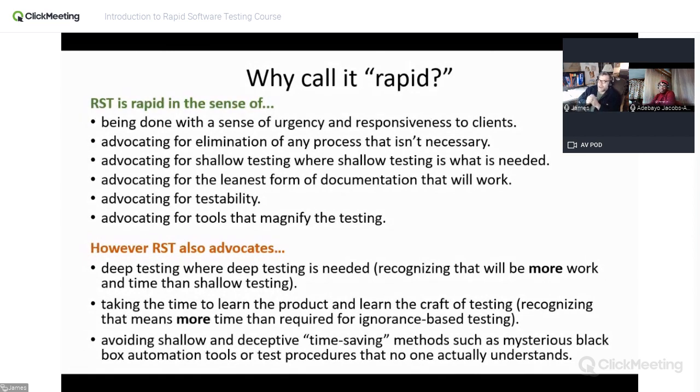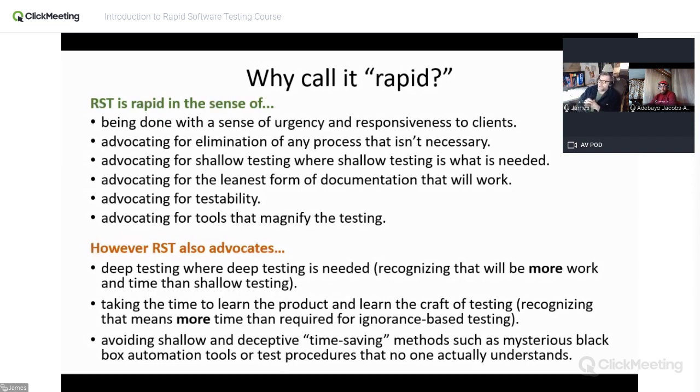But that's not rapid testing, because if I do deep testing when deep testing isn't needed, if it isn't called for by the business risks, then I'm wasting the time of my employer. So it's actually a danger for me. I have trouble practicing rapid testing sometimes because I want to do deep testing.